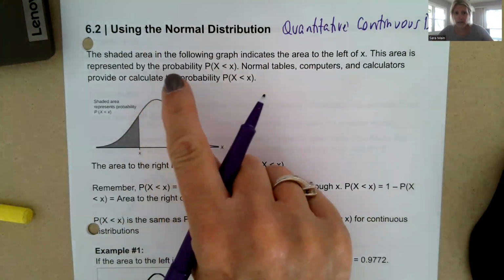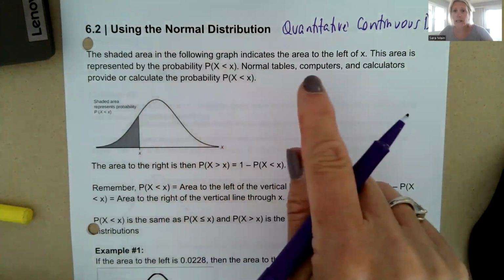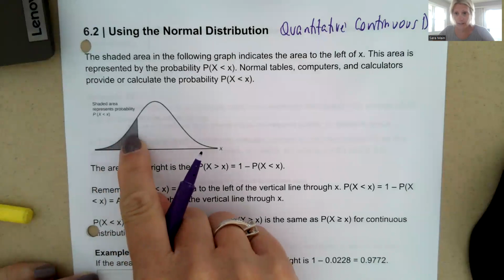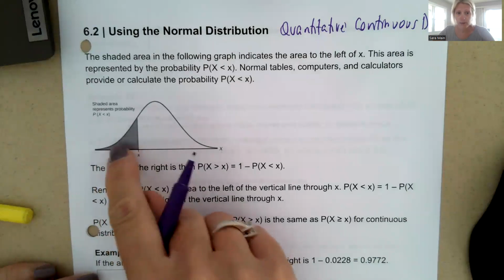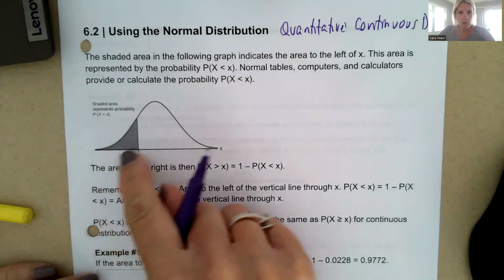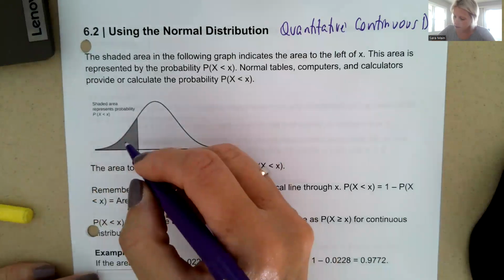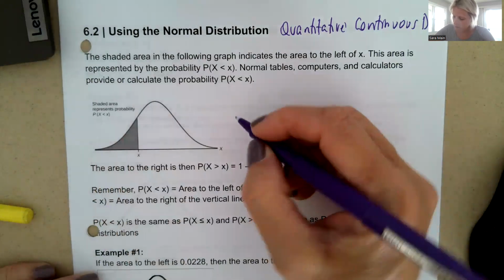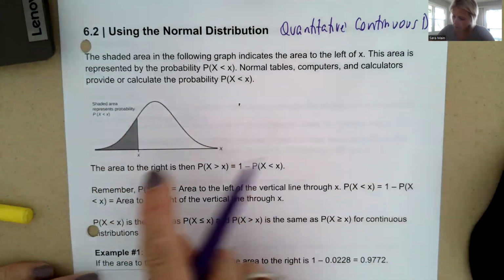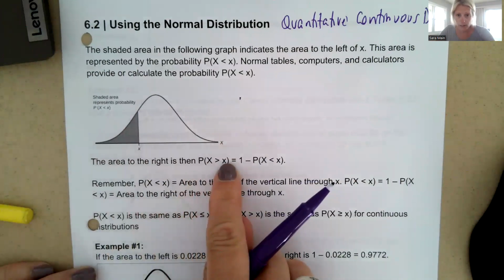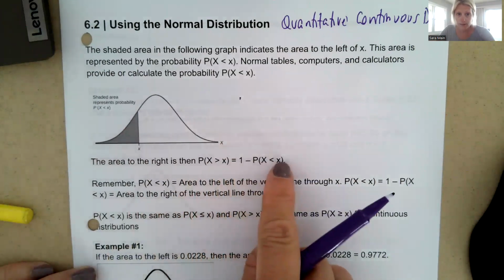So the shaded area in the following graph indicates the area to the left. That's what we also have to remember for Desmos: Desmos only takes the area to the left. But the area to the left and the area to the right add to make 1. So that's what we say down here. The area to the right is the probability that x is greater than x equals 1 minus the probability that x is less than x.